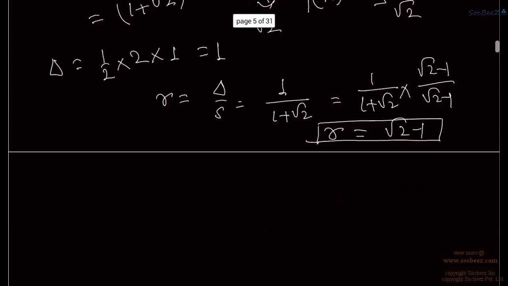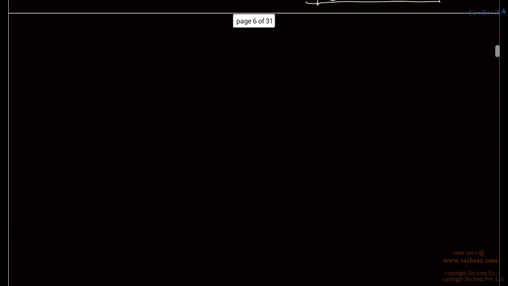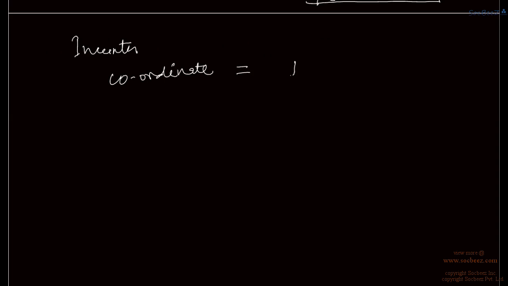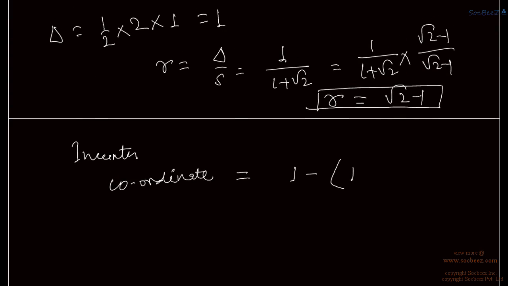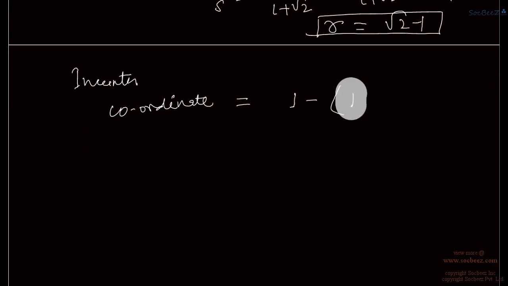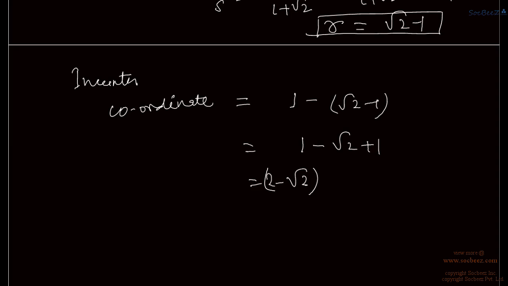So the coordinate of the incenter must be 1 minus the length of that radius, which is root 2 minus 1, that is 1 minus root 2 plus 1, which is equal to 2 minus root 2.